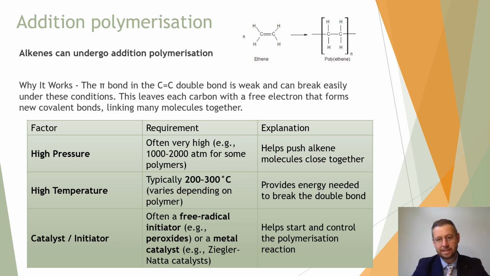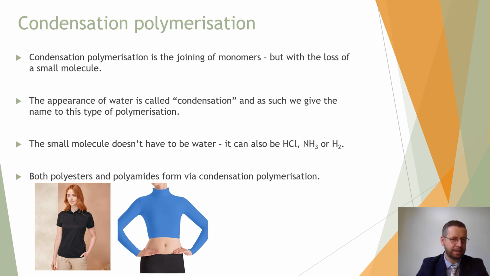Now this addition polymerization isn't the only type of polymerization that we have, and now we're about to step into the next kind. So if it's not addition polymerization, then what is it? Well, we're going to talk about condensation polymerization. It is again the joining of monomers, but this time there is a specific detail. A small molecule is lost in the junction between the two monomers each time.